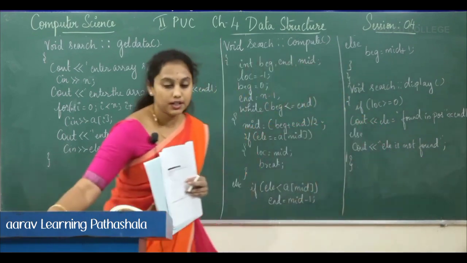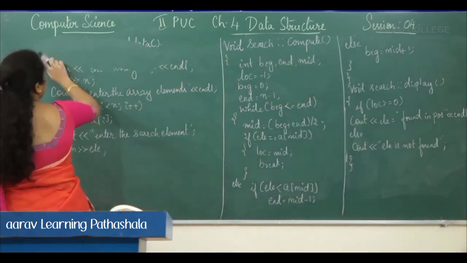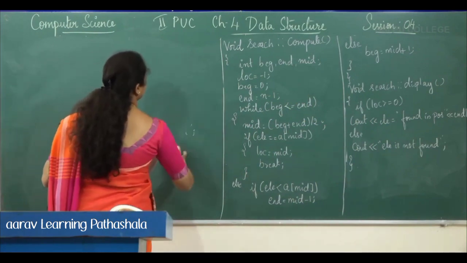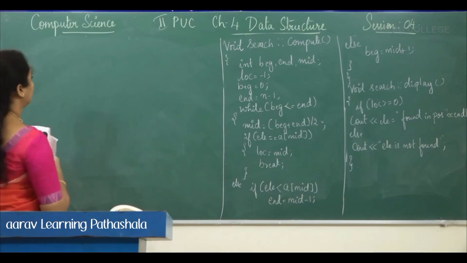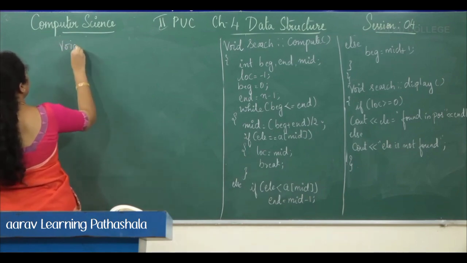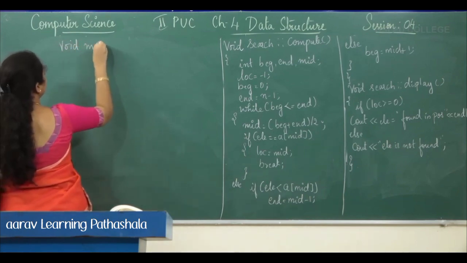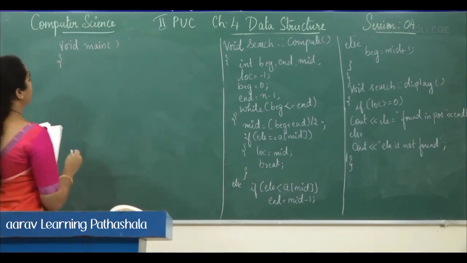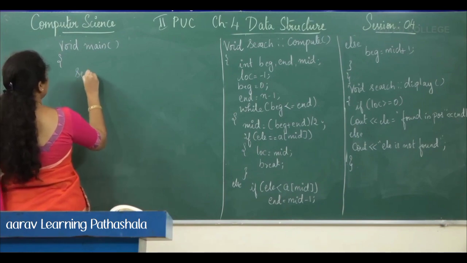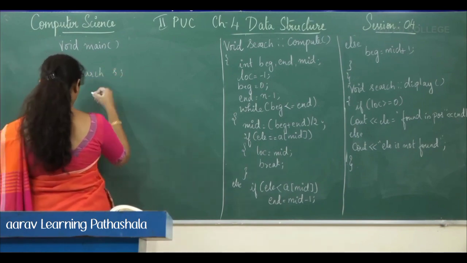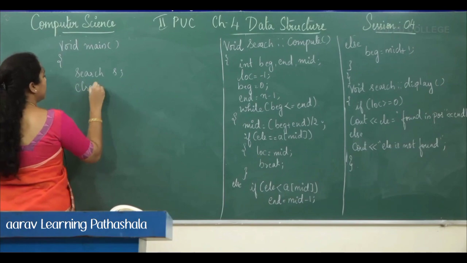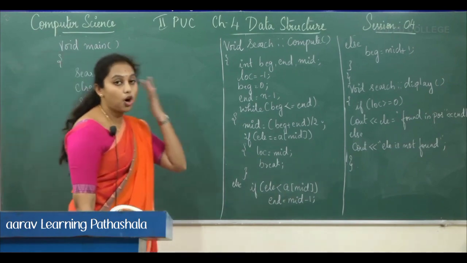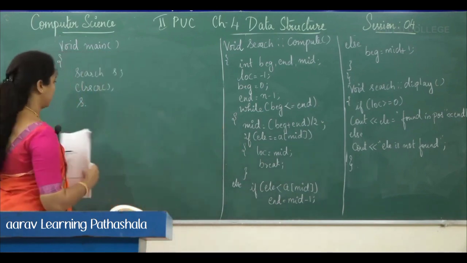Next we have to write the main function. Void main. Here we are going to create an object, that is s of class search. Clear screen. Using the object we are going to call the functions.